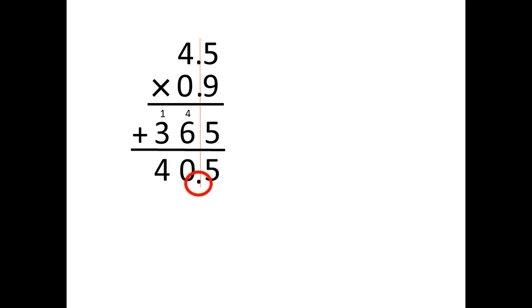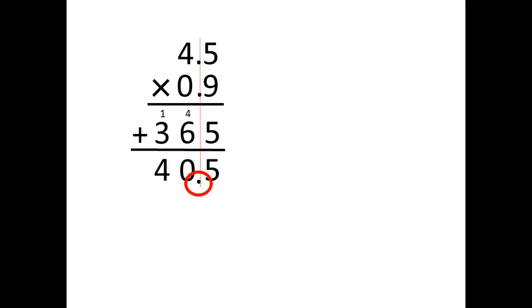What I'm going to show you now is another way to go about solving multiplication problems which involve decimal numbers. Hopefully by going through that way, you will realize why you don't need to line up the decimal point for the product.